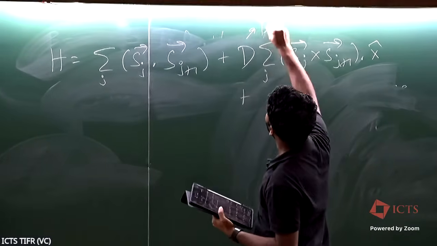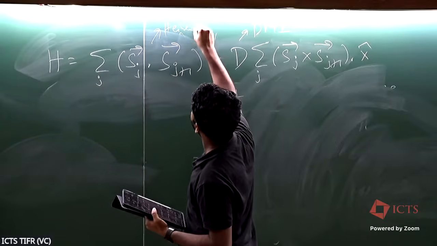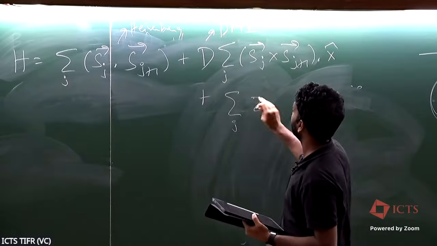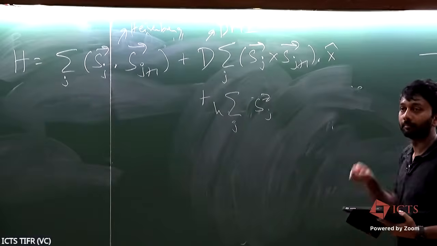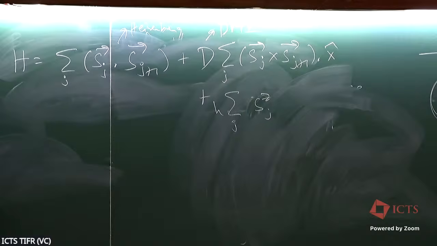This is called DMI for short, and this is the Heisenberg. And then you have a sum over J, S Z, J. No, this is a sum over J.